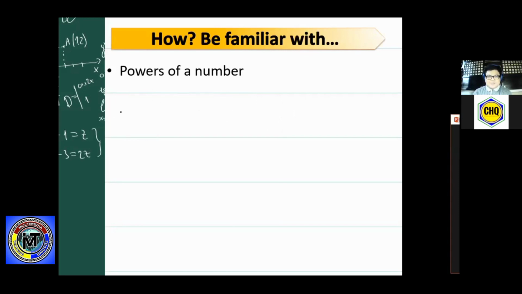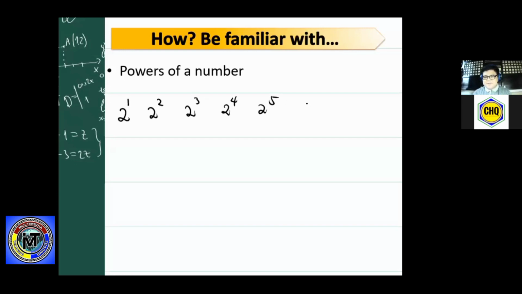So for powers of a number, you have to deal with this also. Because often you will see, let's say, 2 to the first power, 2 to the second power, 2 to the third power, 2 to the fourth power, 2 to the fifth, and 6th, 7th.